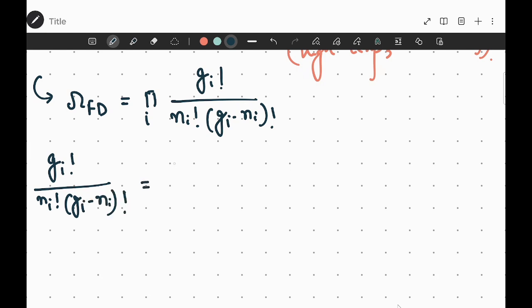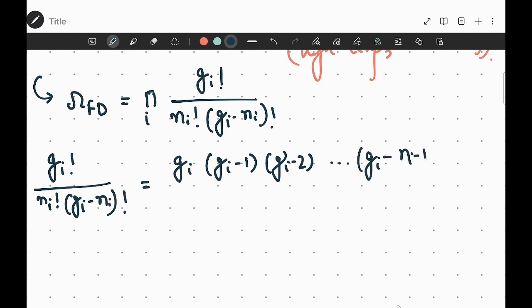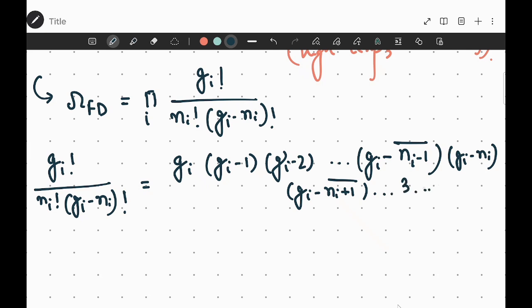So you can write just this part, gi factorial divided by gi minus ni factorial, like gi, gi minus 1, gi minus 2, and so on, up to gi minus ni plus 1, and then gi minus ni, gi minus ni minus 1, and so on down to 3, 2, 1. So this is our factorial.